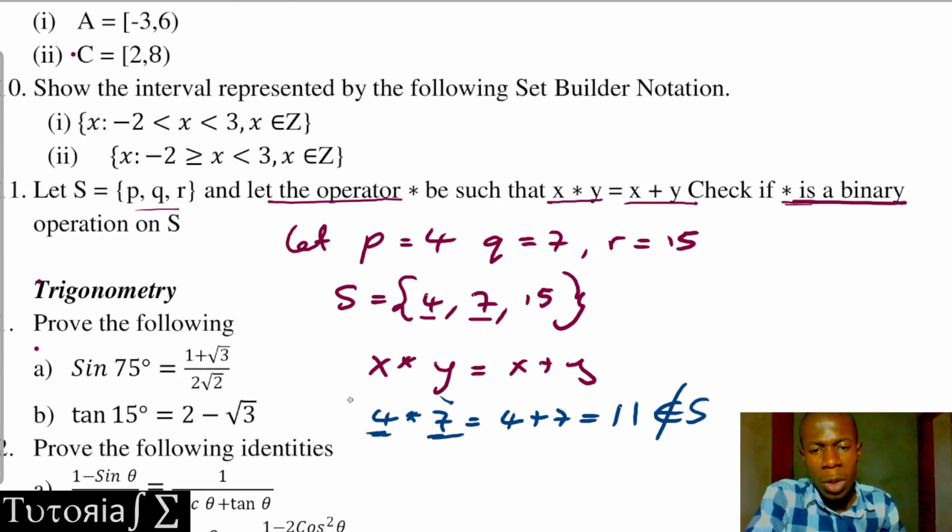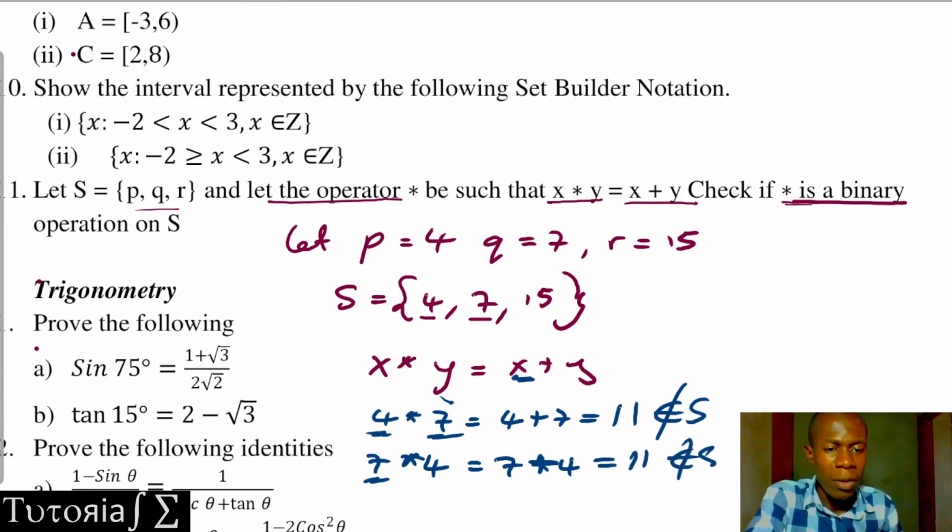And we try maybe 7 star 4. On the x part, we're putting 7. So this is 7 plus, on the y part, we're putting 4, which will still give us 11.